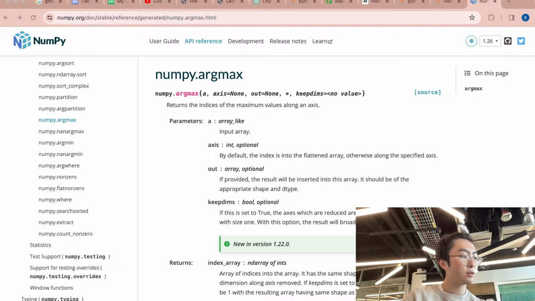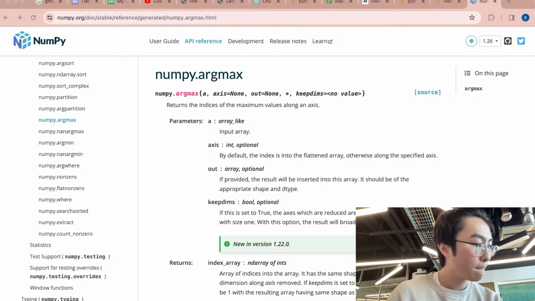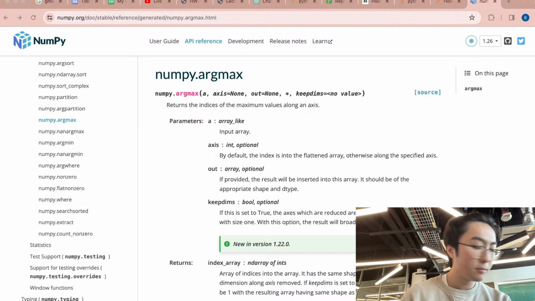And then, shoot. Max Sharpe ratio is equal to... Alright, so now that we have that, we could just use max Sharpe index.